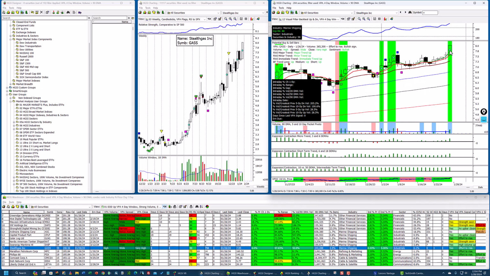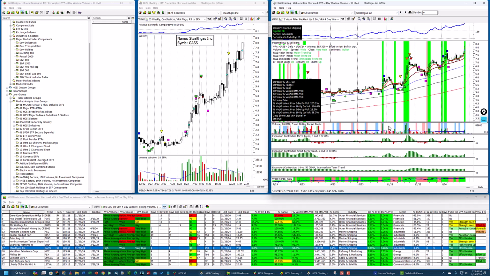And here you're seeing money flowing into this stock. I'll zoom out on this. You can see the down conditions were met at this point on this rose-colored bar, but then it was reversed the next day as the group started moving up.